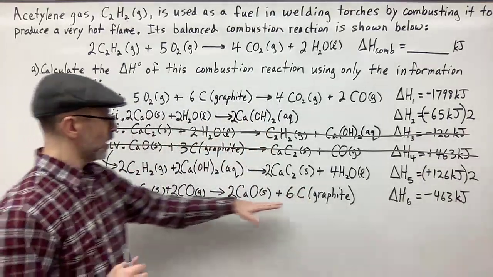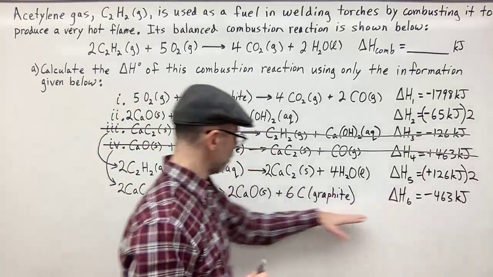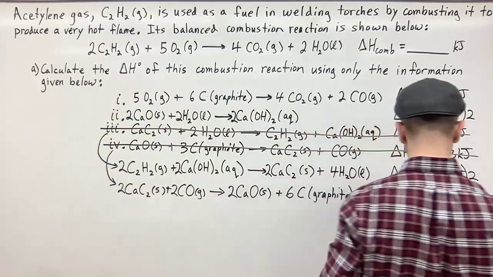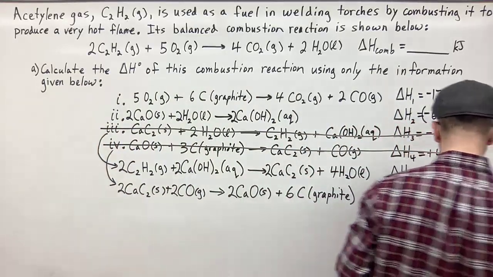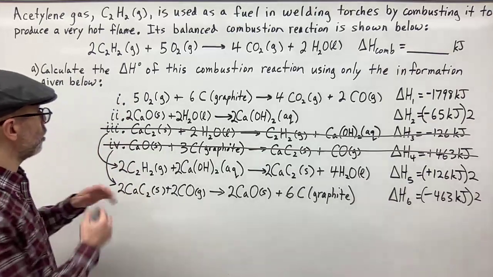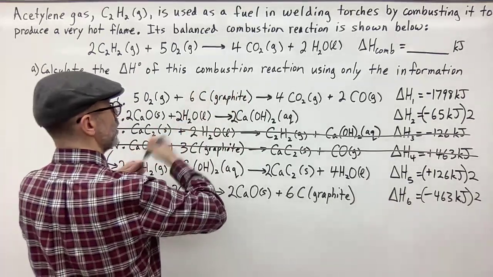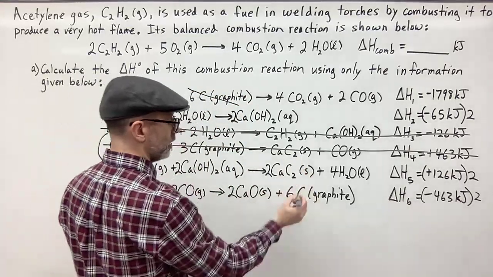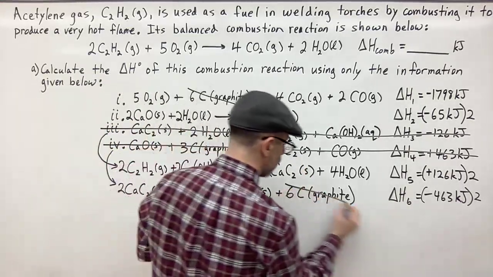Okay, excellent. Now, don't forget that if you multiply this equation by the factor of 2, then you've got to multiply this by a factor of 2. Okay, excellent. So now the 6 graphite here on the reactant side is going to cancel out with the 6 graphite here.